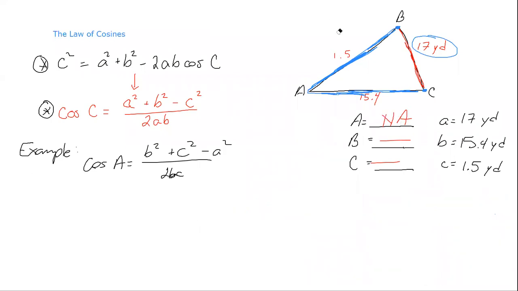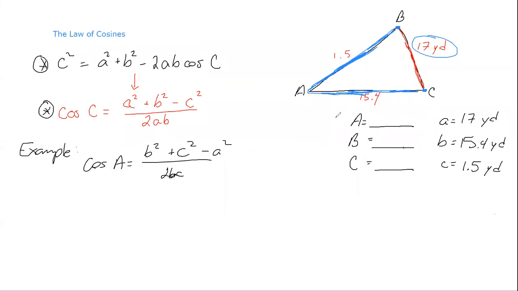All the notes that you see written here, apparently I was not recording when I was making those. So let's remove them and let's just verify for ourselves that there is no solution to this triangle.